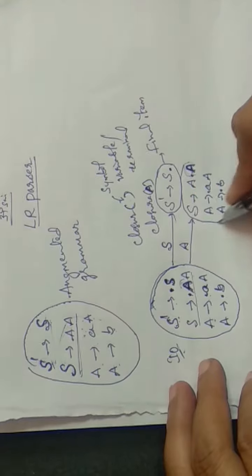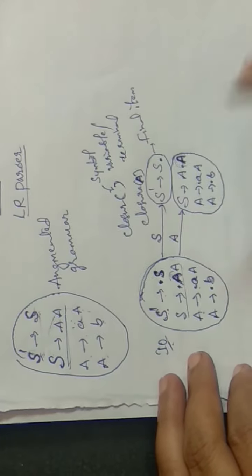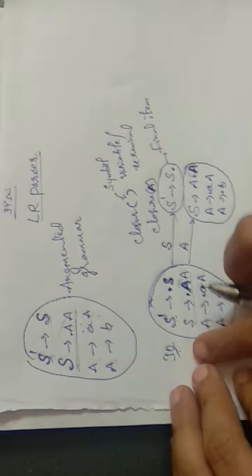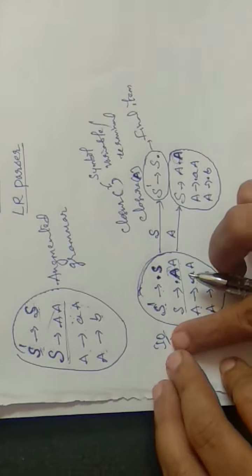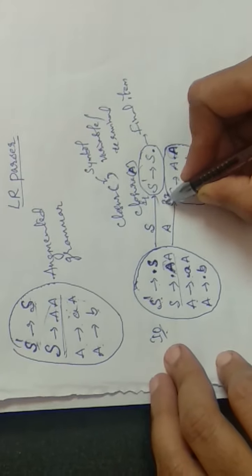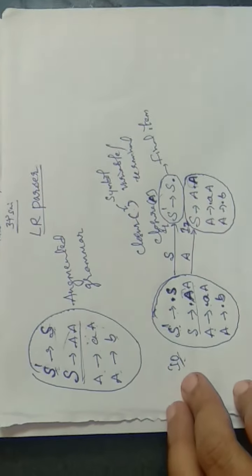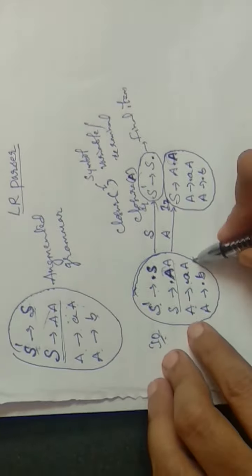So now let us consider this as another state. Here we have considered this as I naught, and this I can name as state I1, and this I can name as state I2. So next, it is going to read one more input symbol. What is that input symbol?